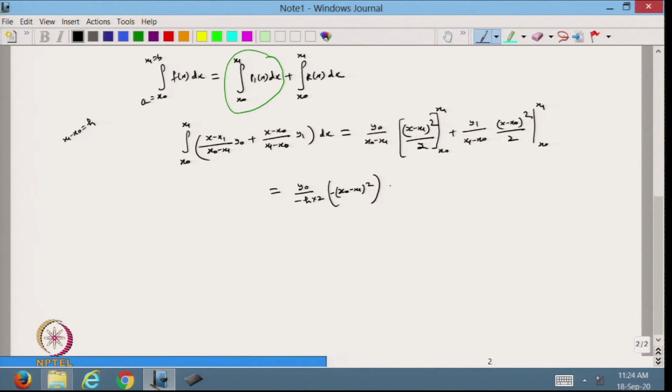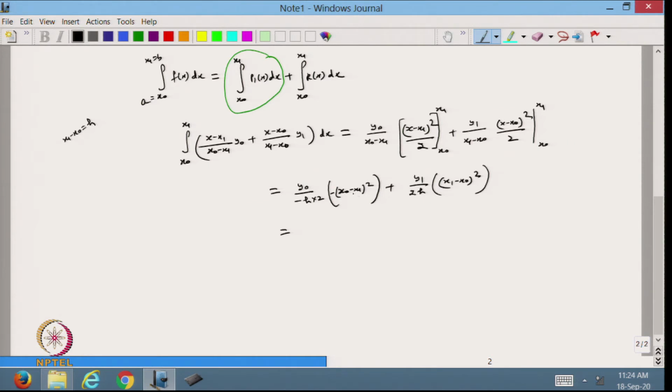Plus y1 over 2h, and substituting the values I get (x1 minus x0) square minus 0.